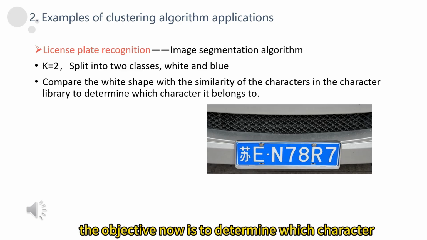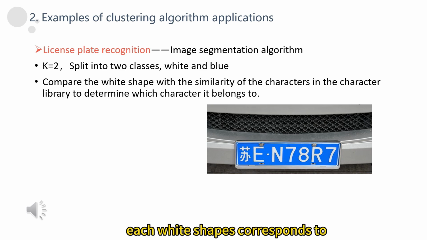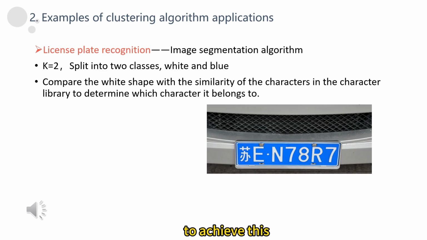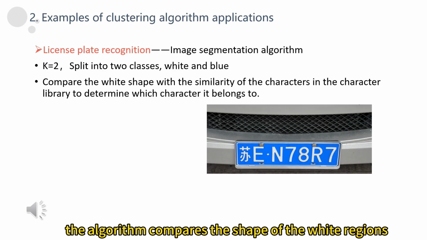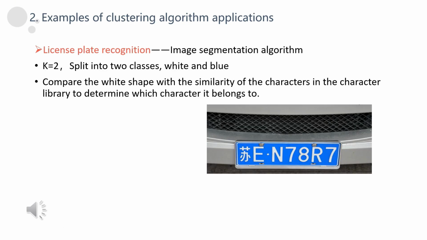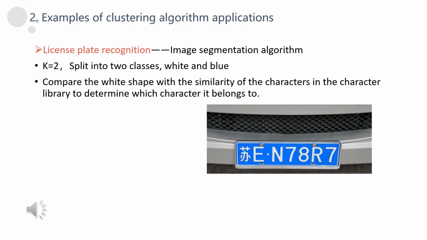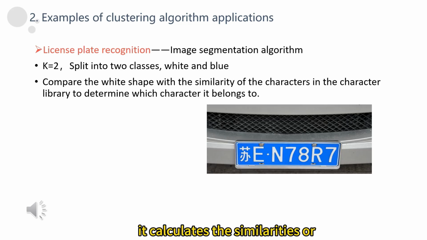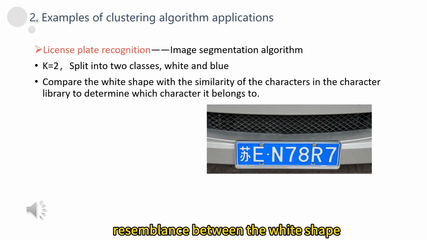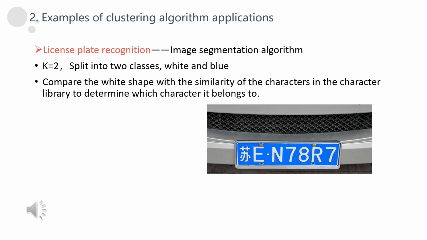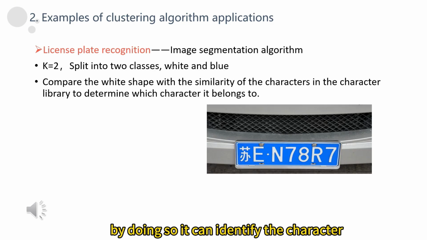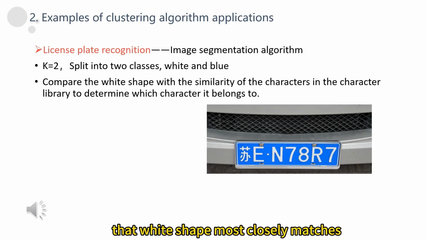The objective now is to determine which character each white shape corresponds to. To achieve this, the algorithm compares the shape of the white regions with the characters stored in the character library or database. It calculates the similarity or resemblance between the white shape and each character in the library. By doing so, it can identify the character that the white shape most closely matches.